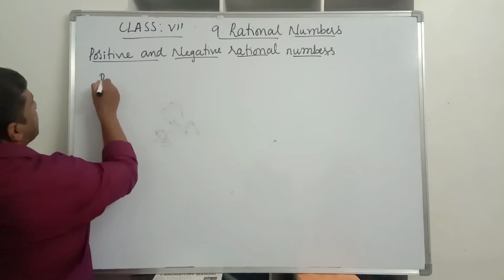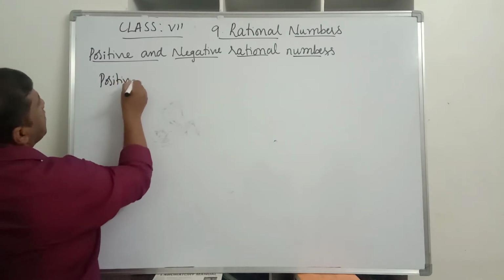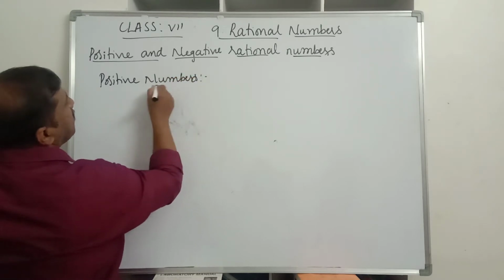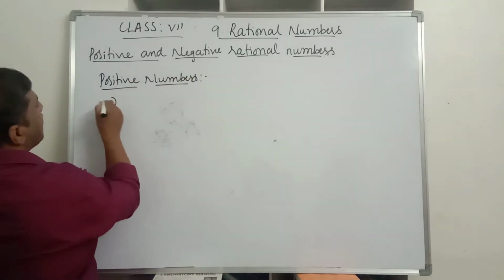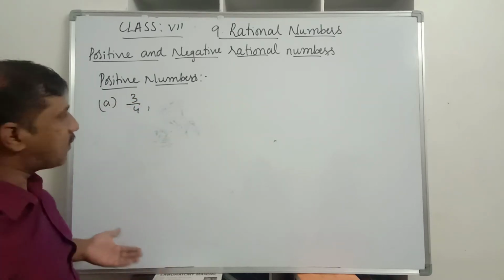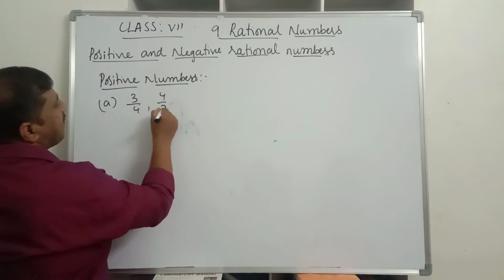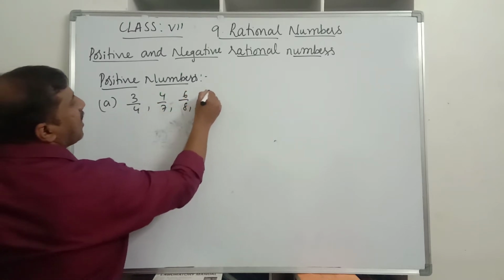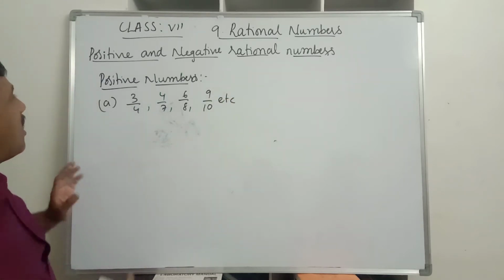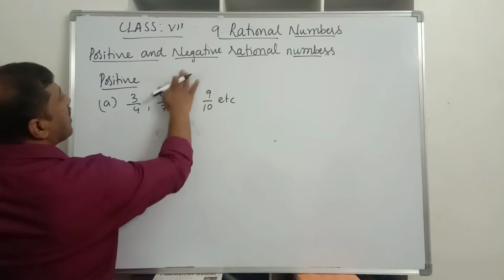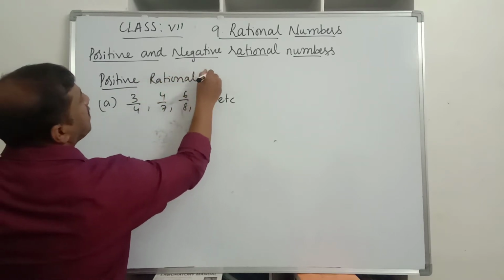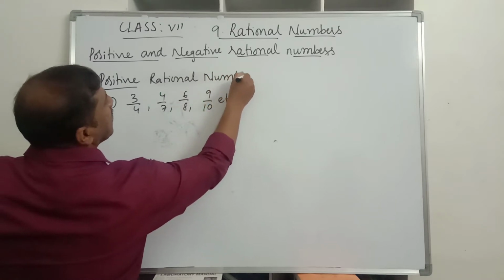Positive rational numbers: you see here 3 by 4, both numerator and denominator are positive. 3 by 4, 4 by 7, 6 by 8 and 9 by 10, etc. These are positive rational numbers, and we'll study what negative rational numbers are.